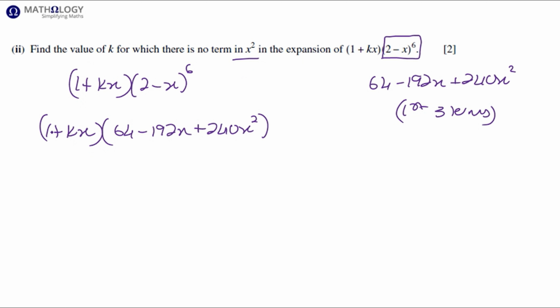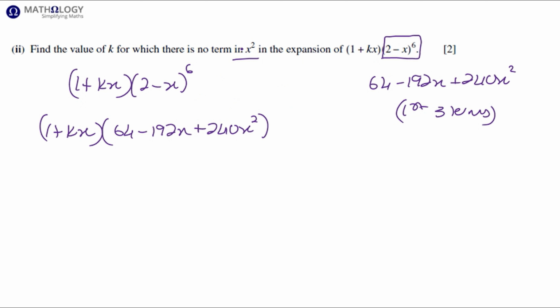When we multiply out these terms, anything larger than x squared we don't need.